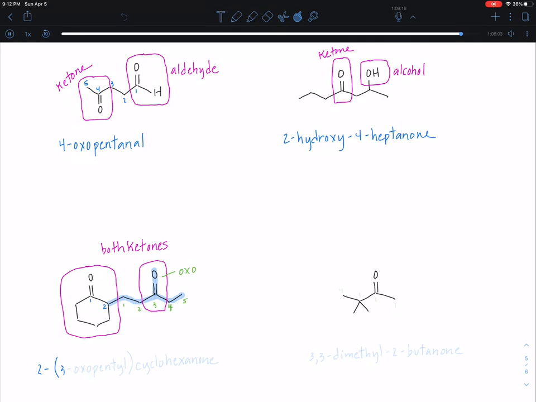On the third carbon of the pentyl group, I find an oxo, right? That's that double bond oxygen for the ketone. Part of the pentyl group. And then cyclohexanone.